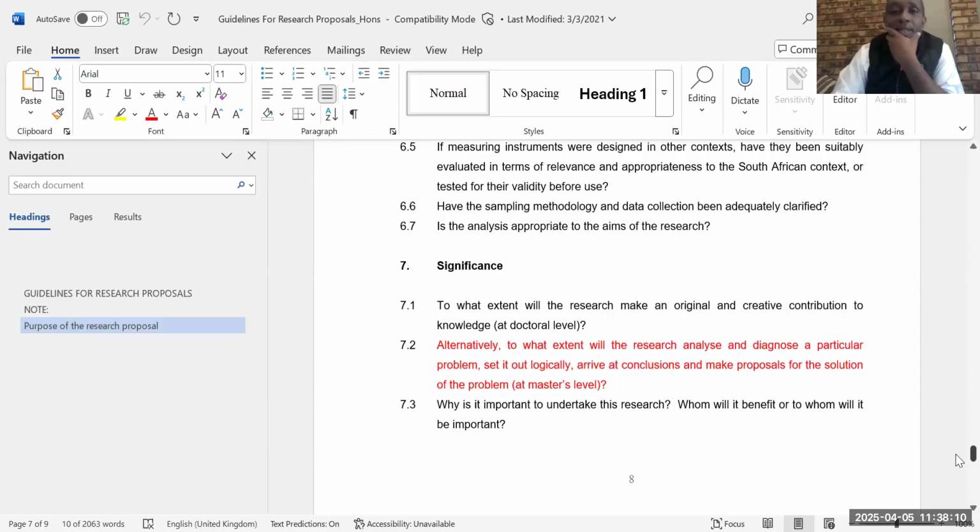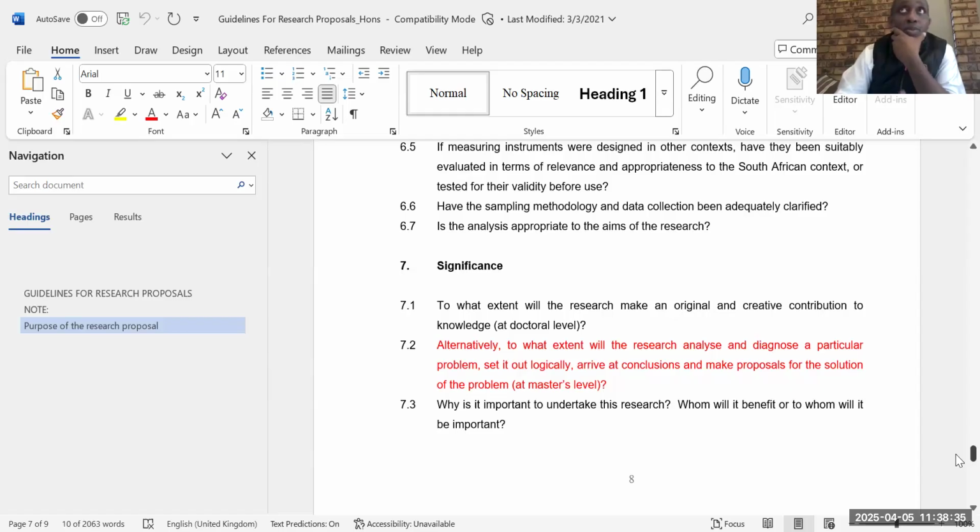Why is it important to take the research? People say this research is not good because your questions are fine, but your approach to answer it is wrong. So your questions could be spot on, and nobody has answered the question, but the way you want to answer it, your methodology, can be wrong. So all those things we look at for significance.